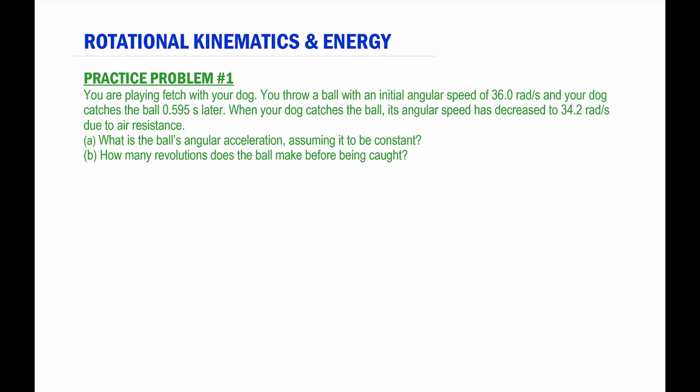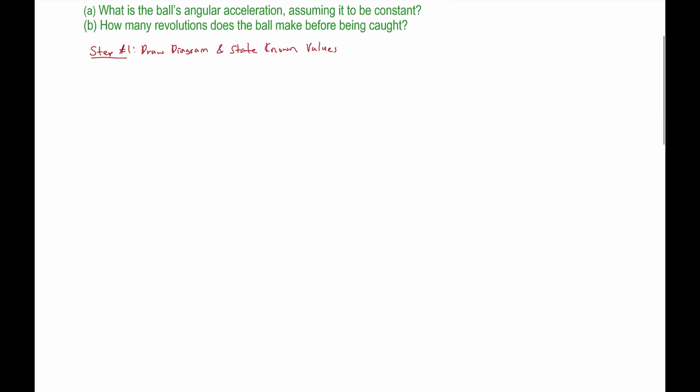So what are the steps? Let's first draw a diagram and state our known values, just like we did with all of our previous kinematics questions. Although a diagram isn't necessary for this question, we should probably get used to labeling some items in the rotational world.